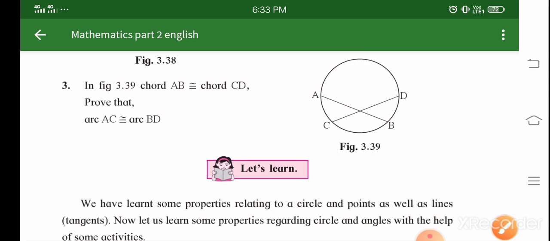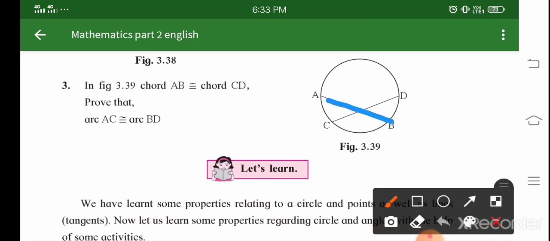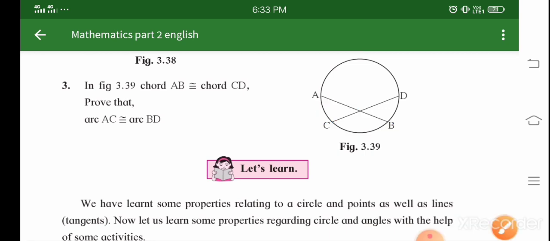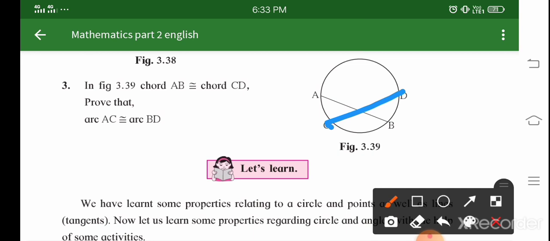Chord AB has the corresponding arc ACB, and similarly for CD we have CBD. BC is common, so BC will be cancelled and you will get your answer. You can use the theorem of corresponding arcs.